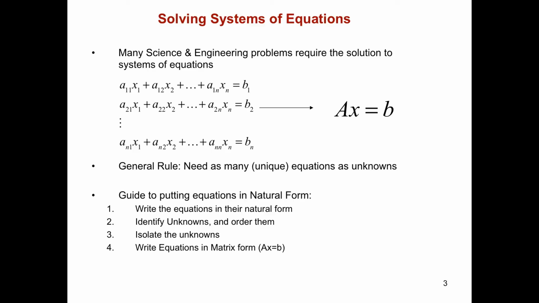So I have matrix A that has elements a11, a12, all the way to a1n. That's my first row. Then my second row is a21, a22, all the way to a2n. And finally, the nth row, an1, and so forth. So in this case, I have a square matrix.